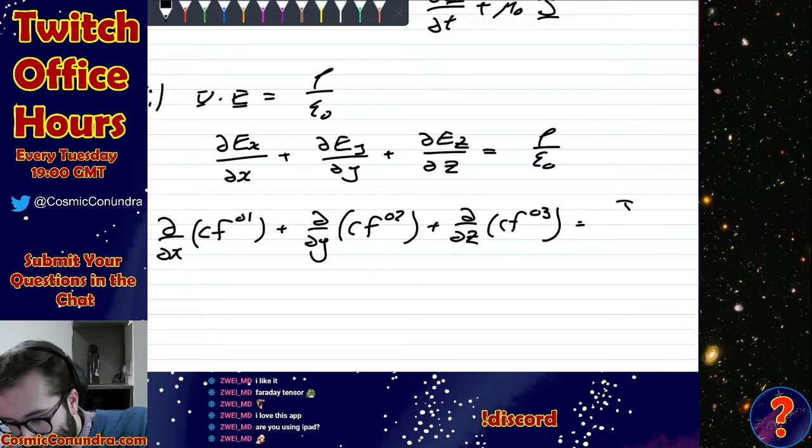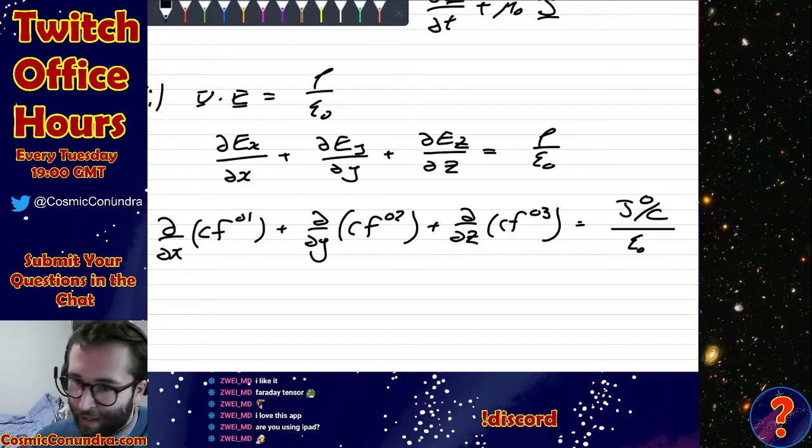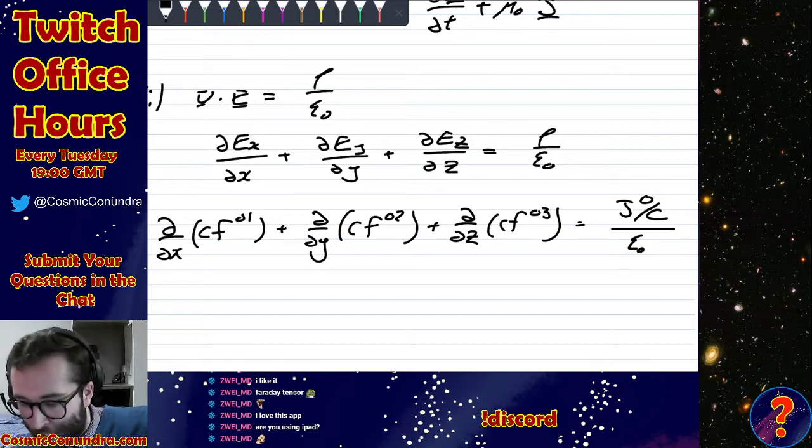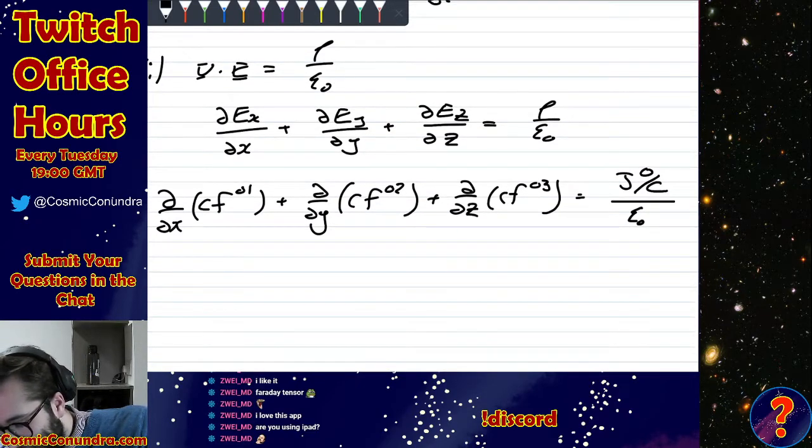So that is J0 over c, over epsilon naught. Now don't confuse the noughts on epsilon and mu naught with tensor indices. These are just constants. Epsilon naught is the name of one constant, mu naught is the name of the other.